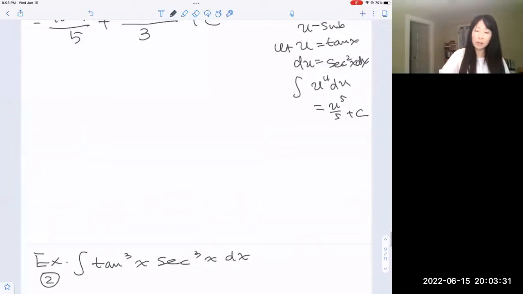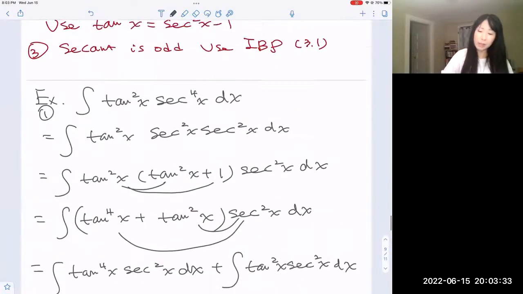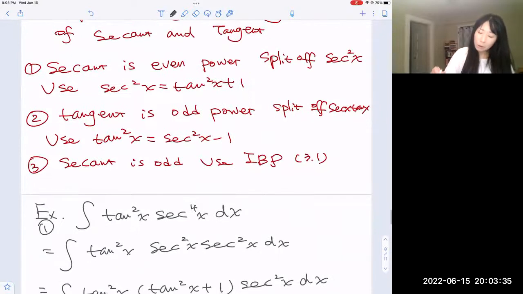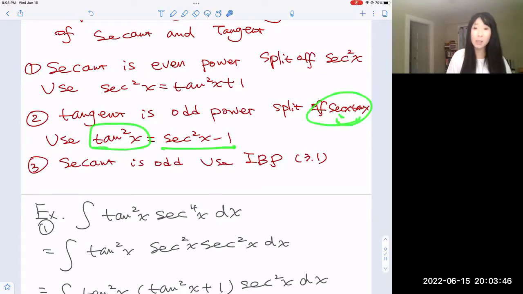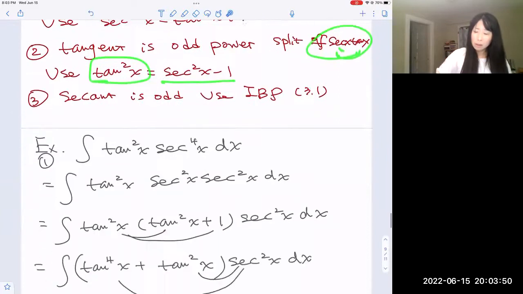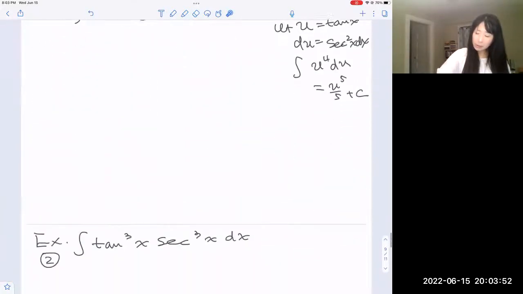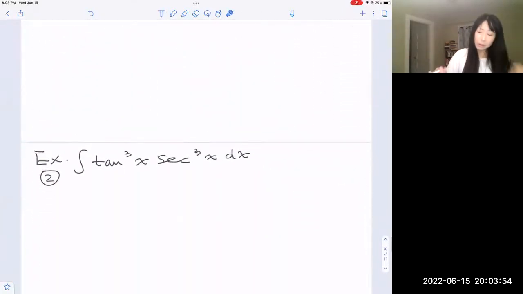Since we have a secant to an odd power, tangent is the power, we're gonna split up secant x tan x. Then we're gonna use tan square x equal to secant square x minus 1. All right. Let us do this. Secant square x here.